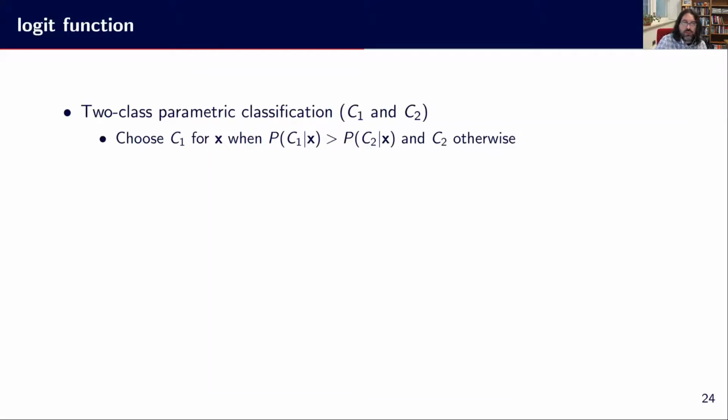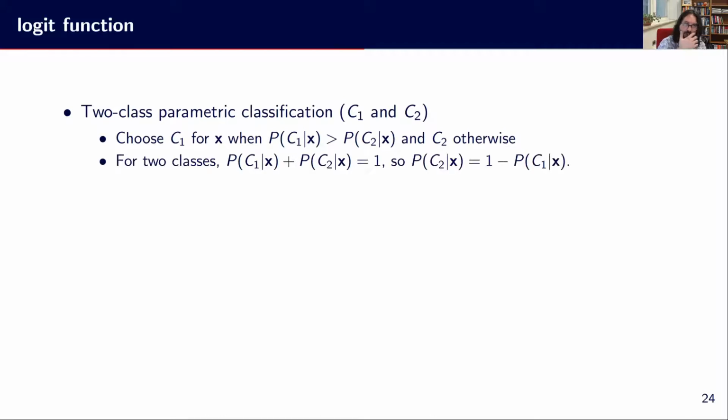What we can do is that we can go further along the way for developing what we have with two-class parametric classification. We know from parametric models that we choose class 1, for instance, when the posterior, P of C1 given X, is bigger than the posterior for C2, P of C2 given X. And otherwise, if it is not true, then we can just assign X to C2, because we are in the case of two classes.